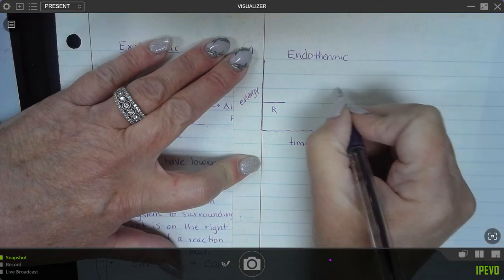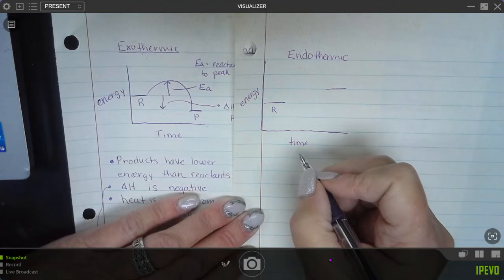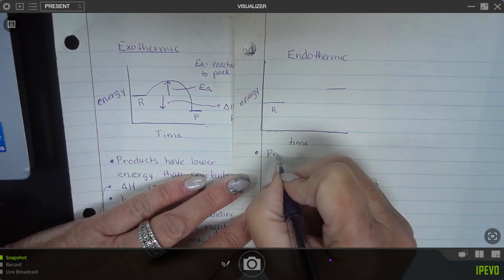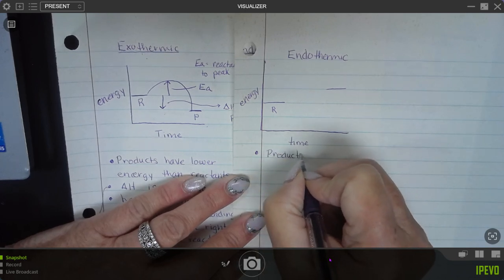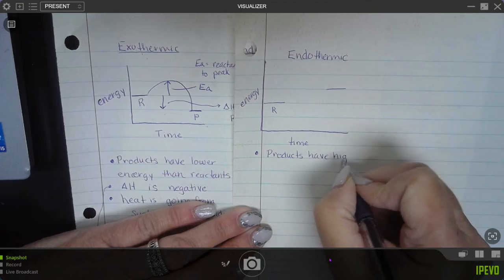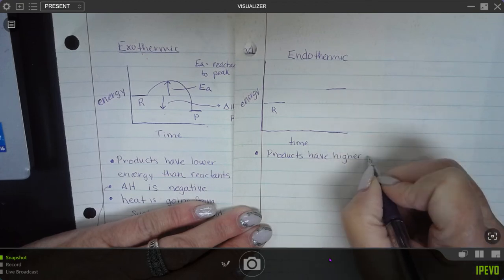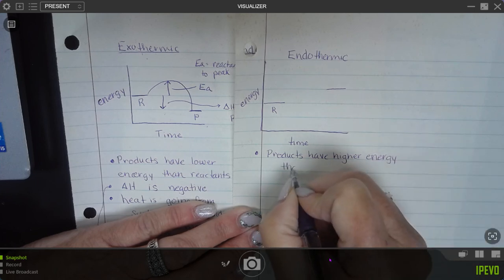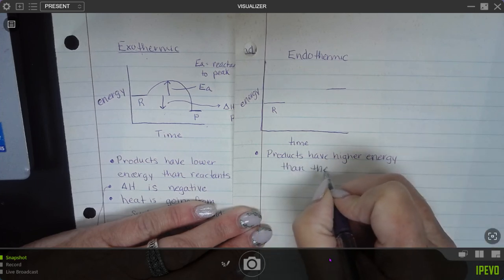In the case of an endothermic reaction, the products have higher energy than the reactants.